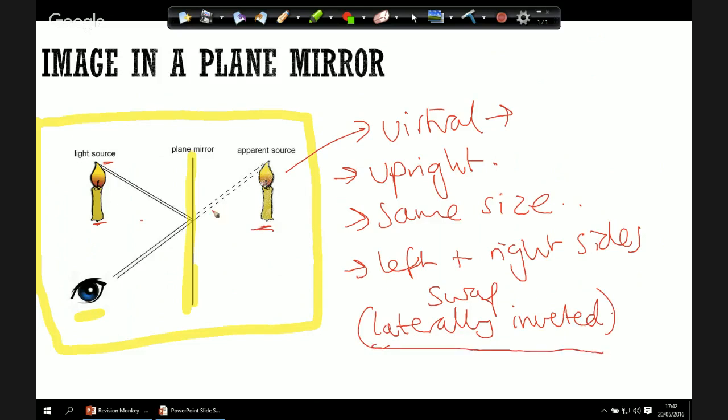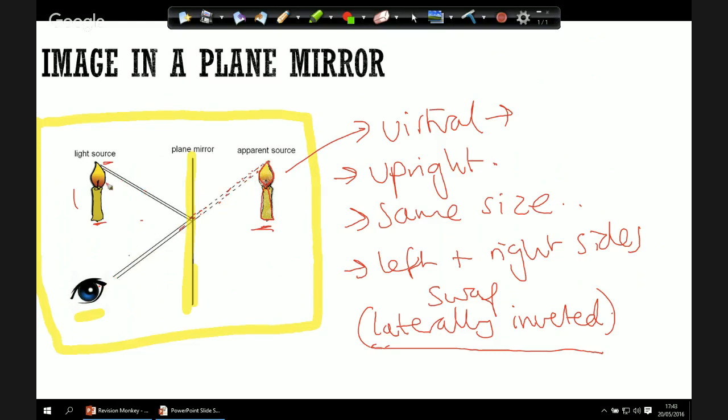If you're doing higher tier, I'd really look to be able to draw these images. So my top tips are, you'll probably get this side of the mirror, and the first thing that you do is draw your image over here, and then you want to draw one line which is dotted to the mirror and then straight to the eye, and then another line from the top which is dotted to the mirror and straight to the eye.